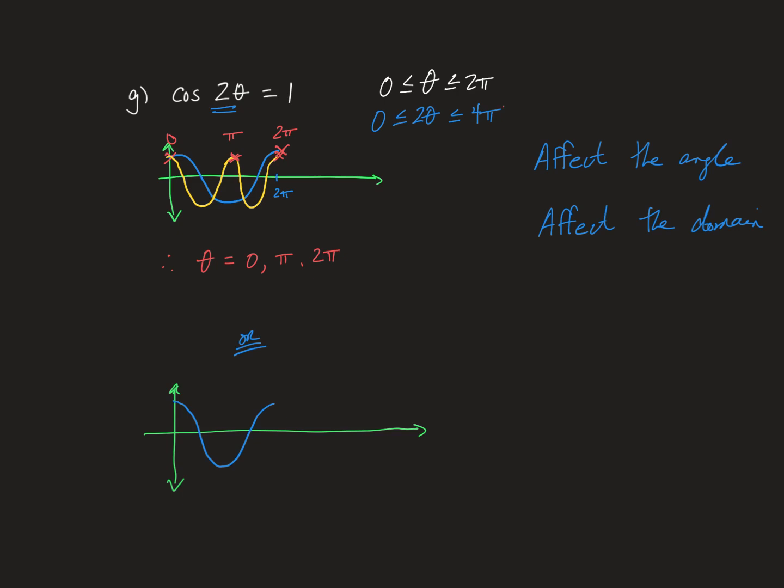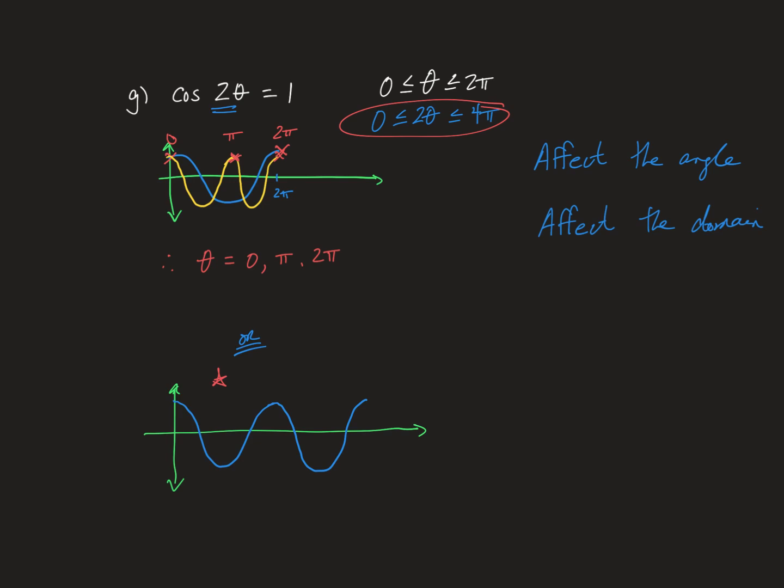This is the restriction that I actually want to work with for 2 theta. And so if we come back down here and notice on our graph, I have only sketched that curve up to 2 pi. What I need to do then is extend that curve out to 4 pi.